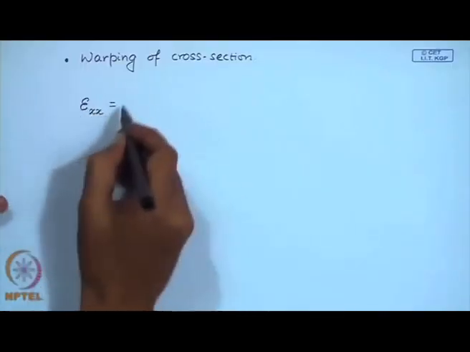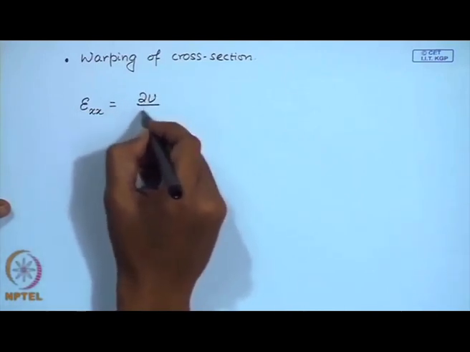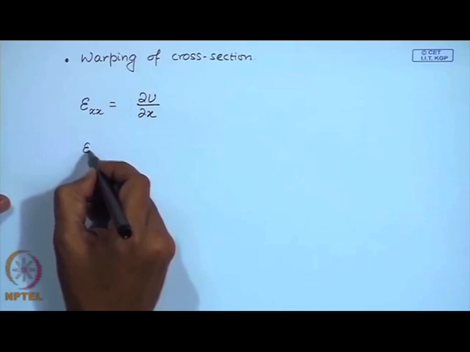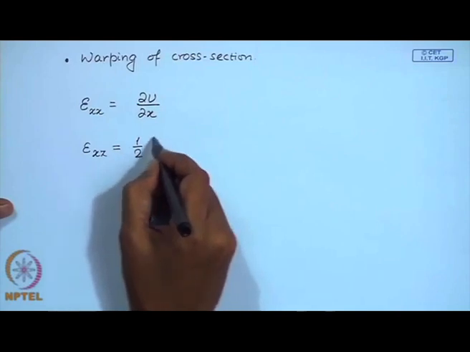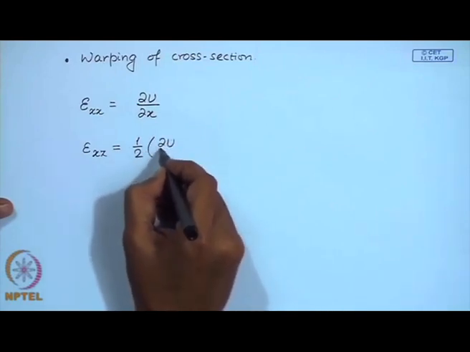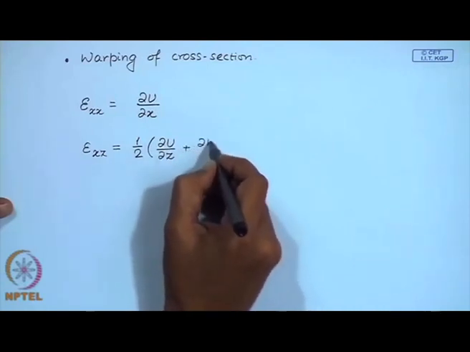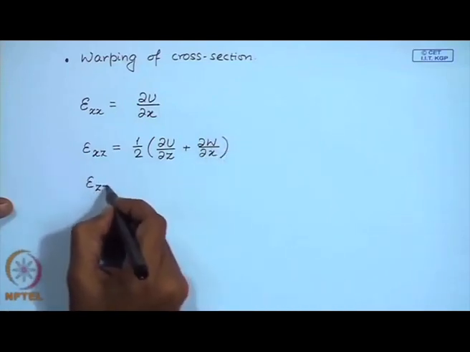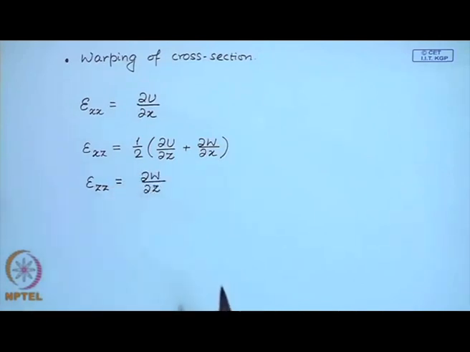For example, the axial strain can be written as say del u del x, the shear strain can be written as 1/2 (del u del z plus del w del x), and the strain in the z direction can be written as del w del z.